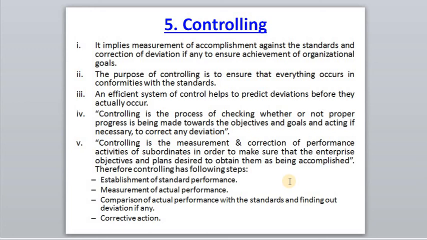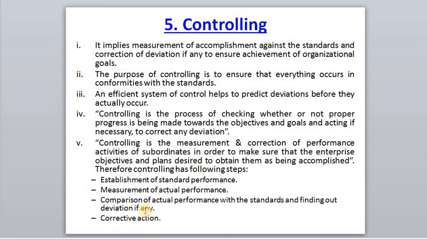Okay? Therefore, controlling has the following steps. Establishment of standards: we have to establish, we have to fix some standard performance. Measurement of actual performance: we have to measure whether these standards are being maintained or not, so we have to measure the actual performance.